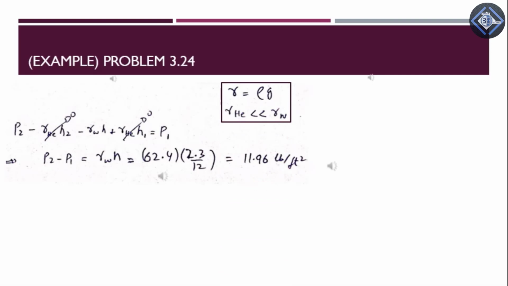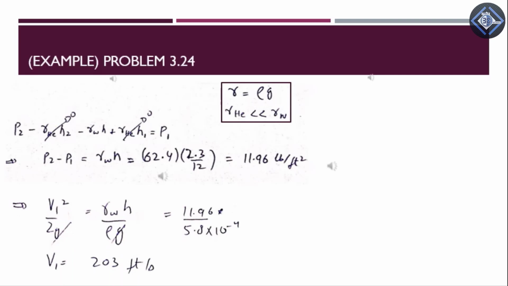As gamma of helium is very small in comparison to gamma of water, because the density of water is significantly higher than the density of helium, which is a gas, we can neglect both the terms gamma He times h2 and gamma He times h1, and we have p2 minus p1 is equal to gamma w times h, where we know the height h through the U-shaped manometer.